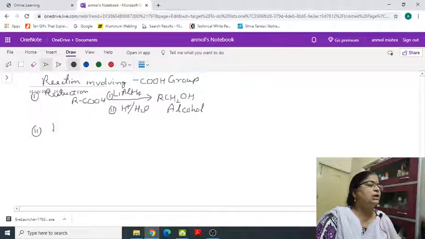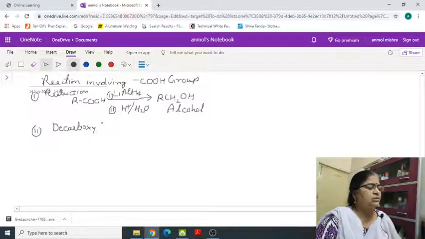Number 2, decarboxylation, that is removal of carbon dioxide.